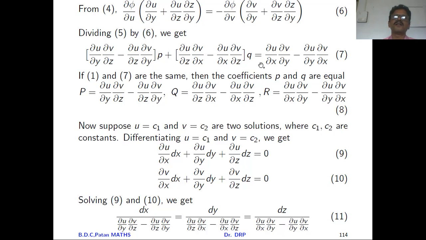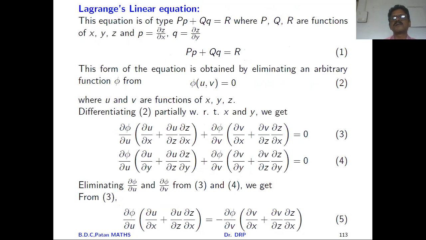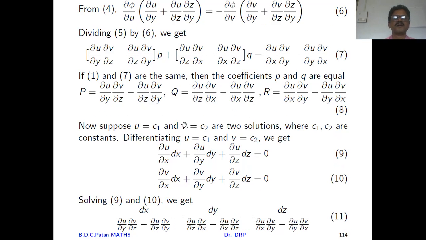So we have formed here that partial differential equation with the help of this arbitrary function φ by eliminating this φ from this relation. So this is what we call a solution, but we will discuss that part here. Suppose u equal to c1 and v equal to c2 are solutions, where c1 and c2 are constants.